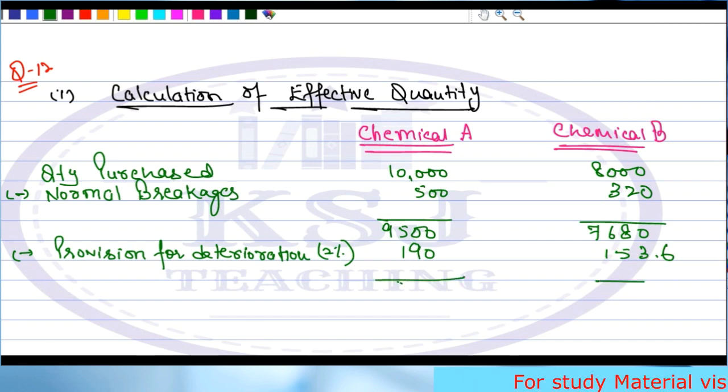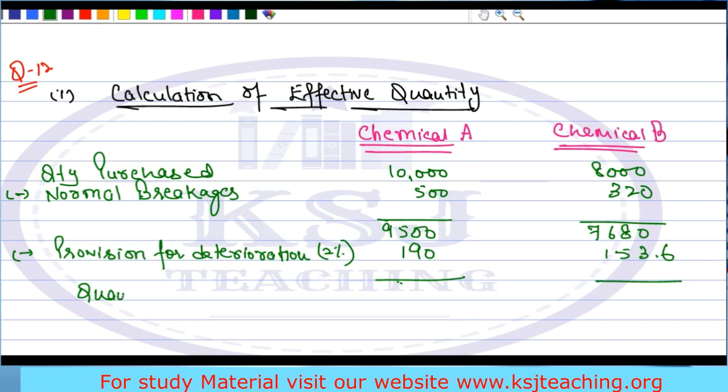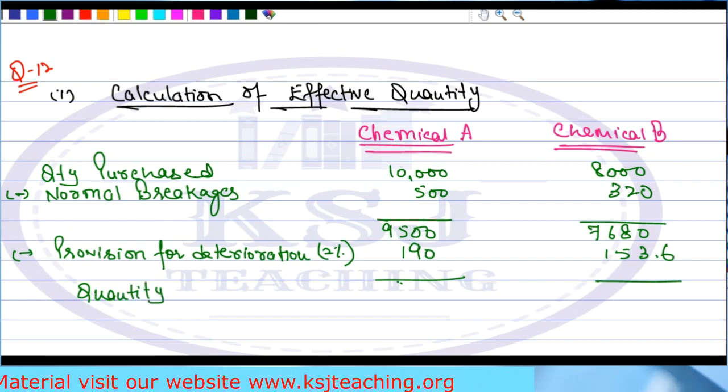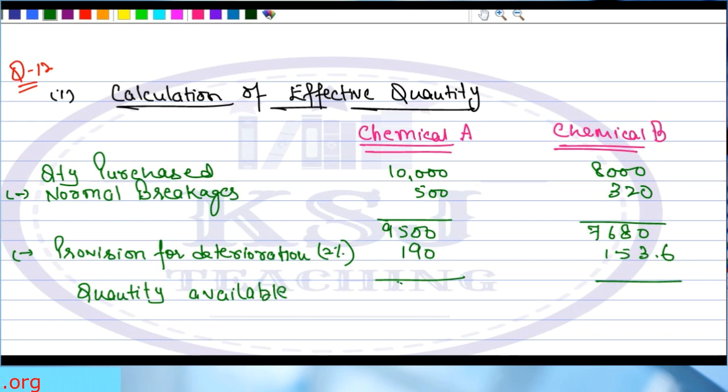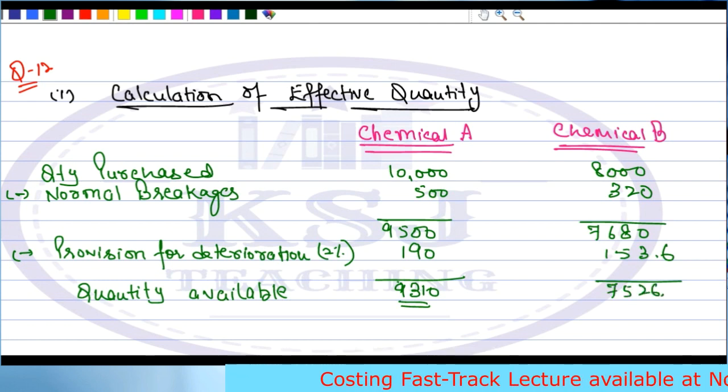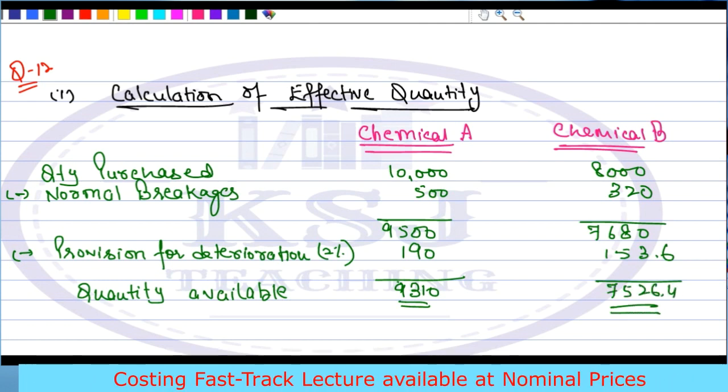So what is the effective quantity, sir? What is the quantity available? This becomes my effective quantity available. That means this quantity is expected to reach my factory: 9,310 and 7,526.4. Clear?